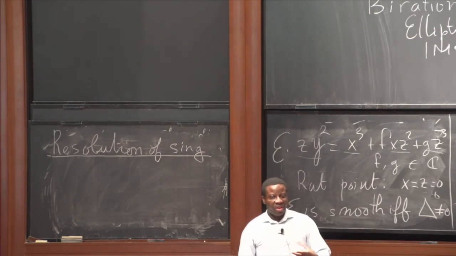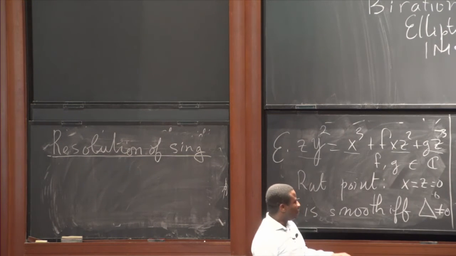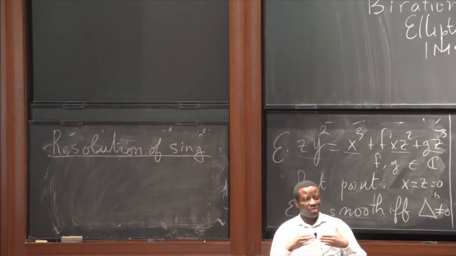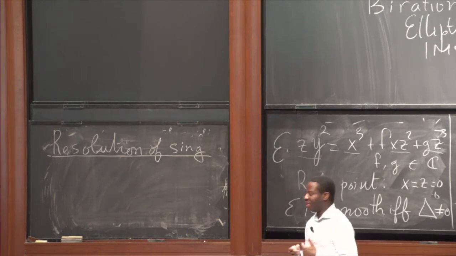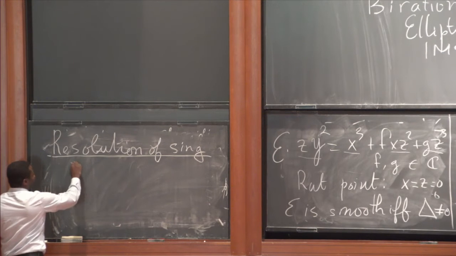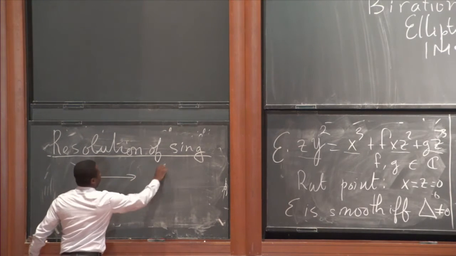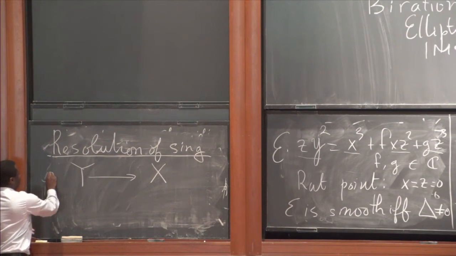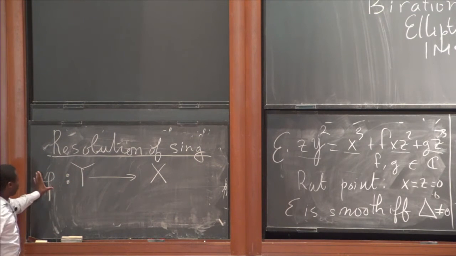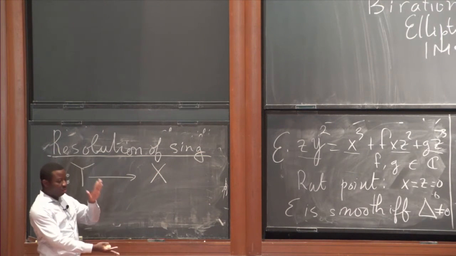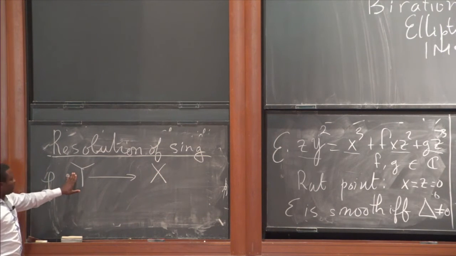One way would be to have another space that looks very close to my original space, but is just different at the place where I have the singularity. The way you do it in algebraic geometry is to say, let's say you have some space X, and you want to resolve its singularity. You define a map from another space to X, so X can look like the shadow of the space Y.